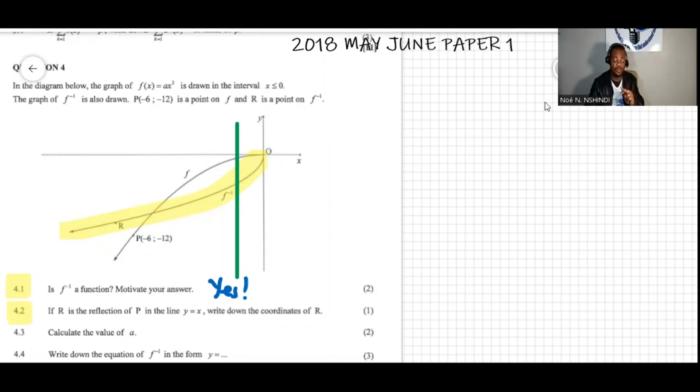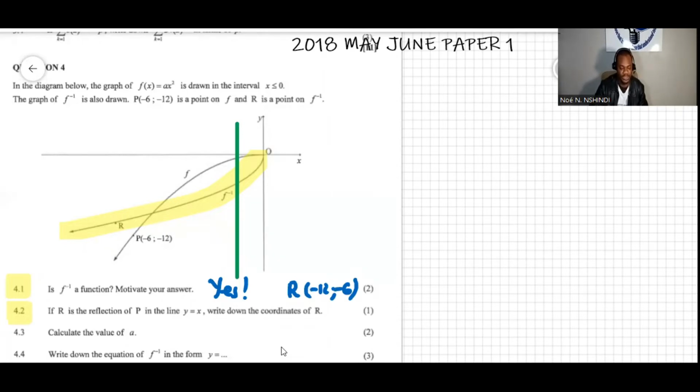The x coordinate becomes the y coordinate, and the y coordinate becomes the x coordinate. So R, the reflection of P, will be (-12, -6). So that's the coordinate of R.